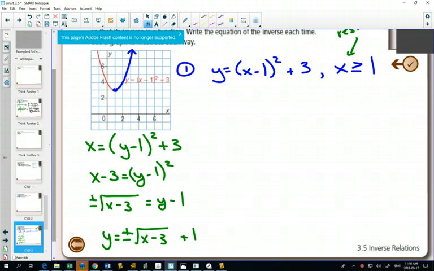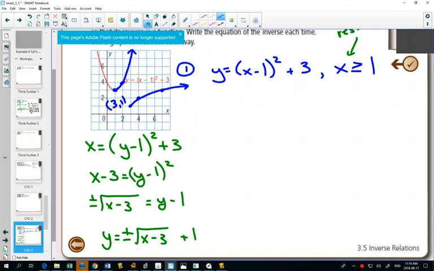Two ways to help you find that out. One, we could take points on the blue graph here, which include (1, 3), so on the inverse I'll have (3, 1). I have (2, 4), so on my inverse I have (4, 2). I have (3, 7), so I would have (7, 3).